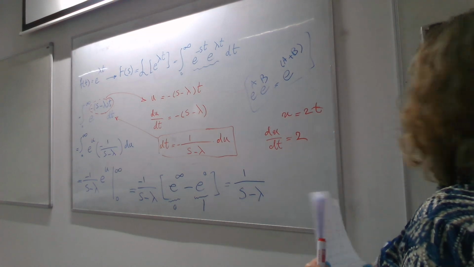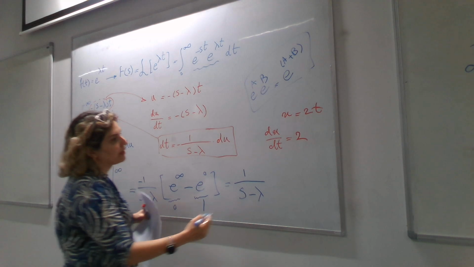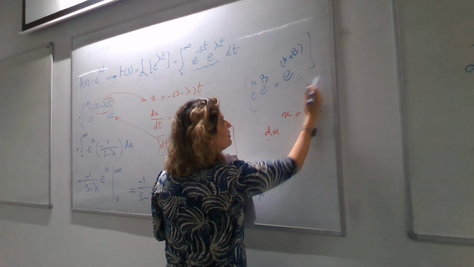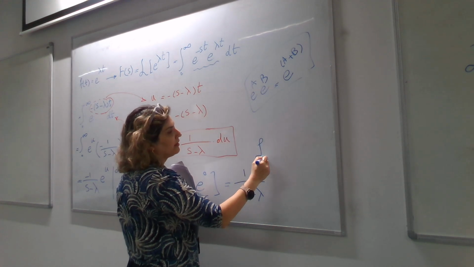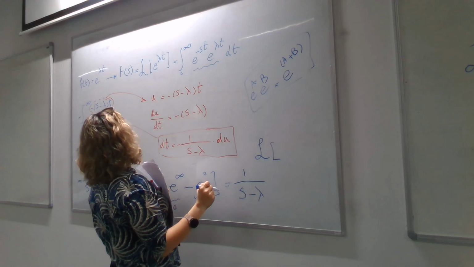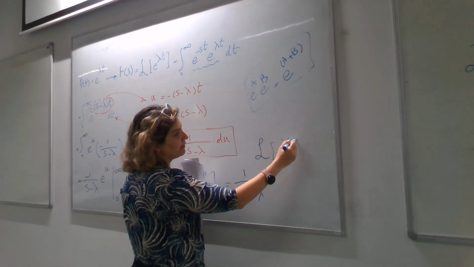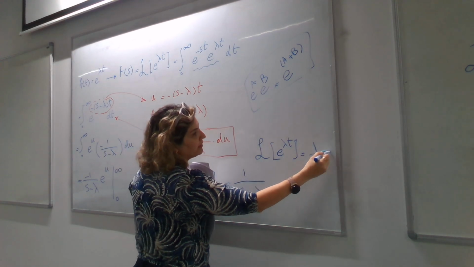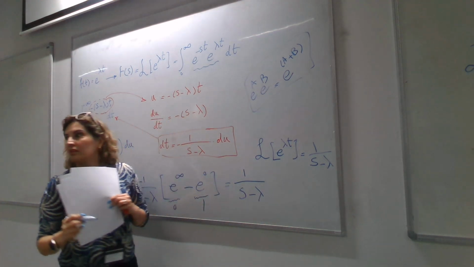So what does it mean? It means that, if I get rid of that for a second, the Laplace transform of, what was the initial function, e to the lambda t, is equal to 1 over s minus lambda.